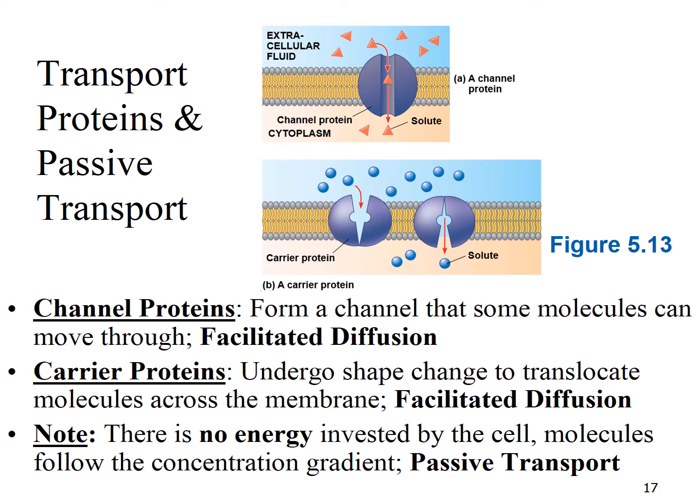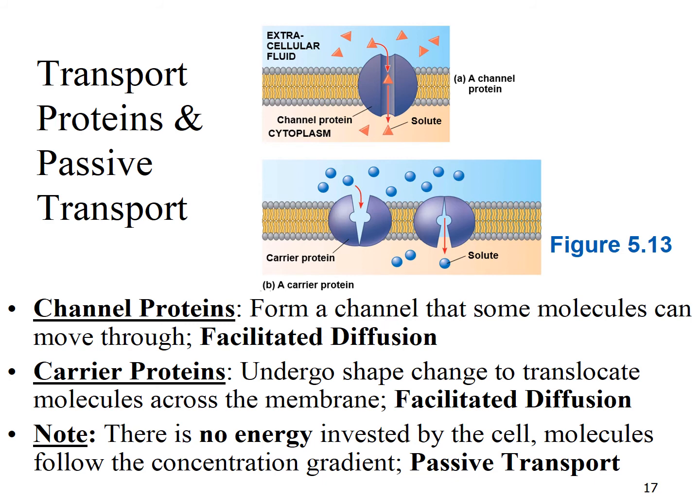Glucose is another one. It moves in a slightly different fashion in that it will move through a carrier globular protein that changes shape. It's still following the concentration gradient, higher to lower. There's no energy investment by the cell, but that first carrier globular protein that we discussed is just helping to move that molecule across the membrane based on a shape change.